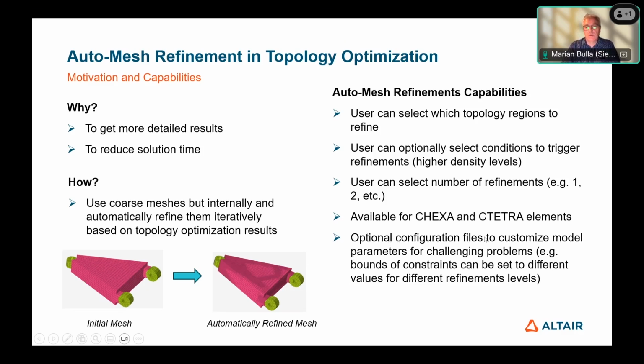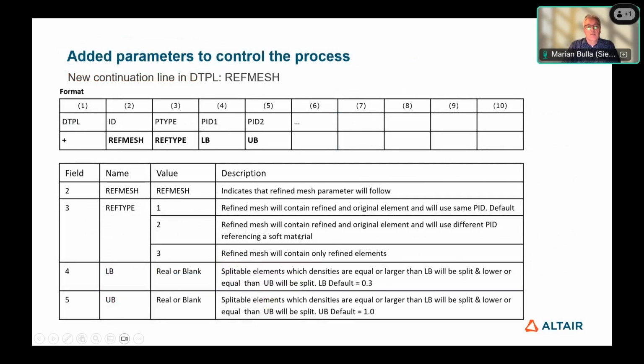There are optional configuration files to customize model parameters for challenging problems, e.g. boundary conditions or constraints can be set to different values or different refinement levels. Again, this is automatic mesh refinement during the simulation. For now, it is being implemented in HyperMesh. In the current version, it is still not available.